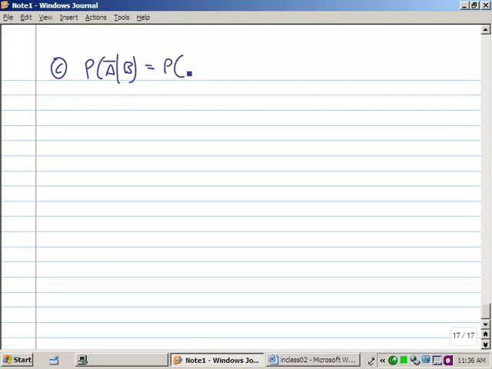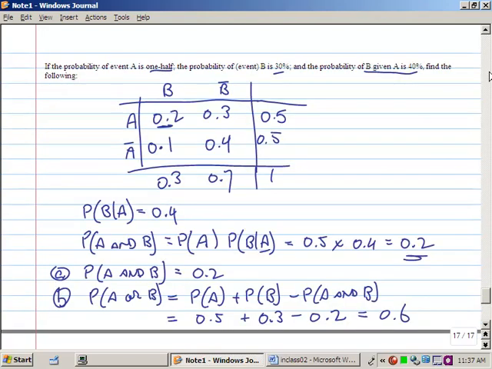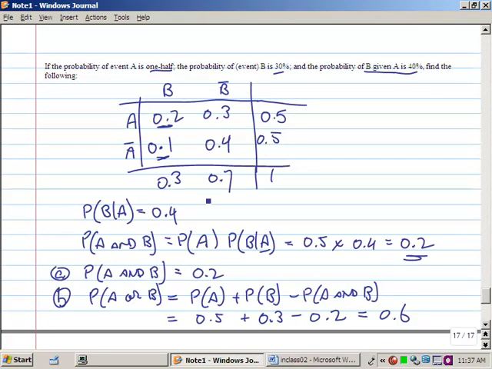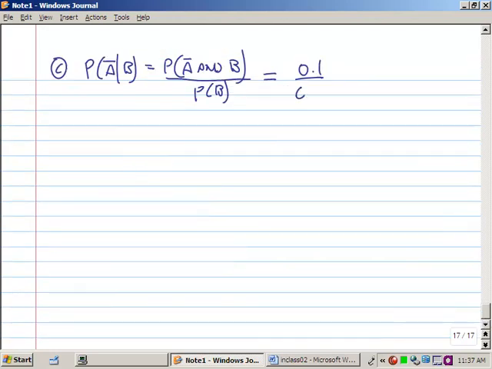Well, the top line will be the probability of A bar and B divided by the probability of B, since it's conditioned on the left hand side. So A bar and B is this one here, 0.1, divided by the probability of B, 0.3, it's 1/3. Okay.